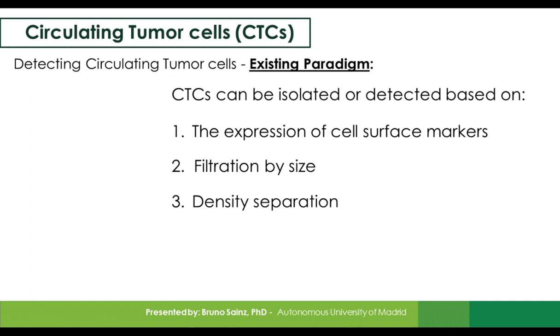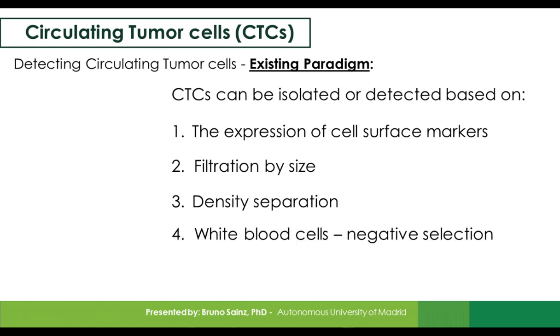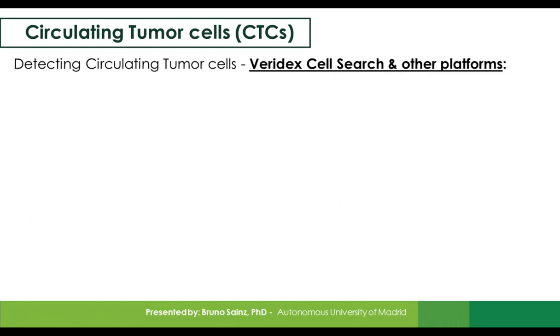Other techniques have used density separation to isolate and detect circulating tumor cells, and also, for example, white blood cell negative selection analysis. So basically eliminating the white blood cells and all the red blood cells and only remaining with the non-immune cells to isolate circulating tumor cells from blood samples.